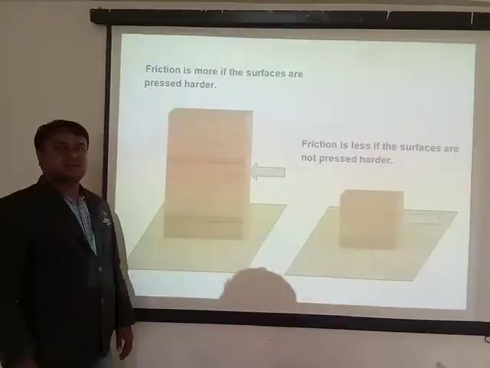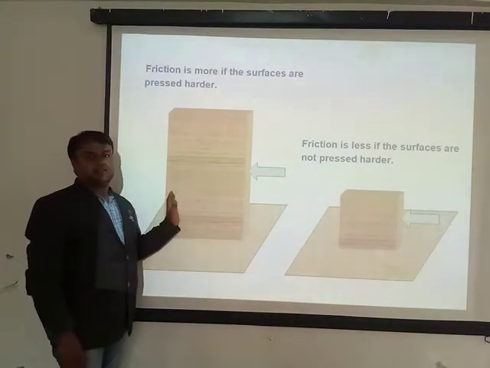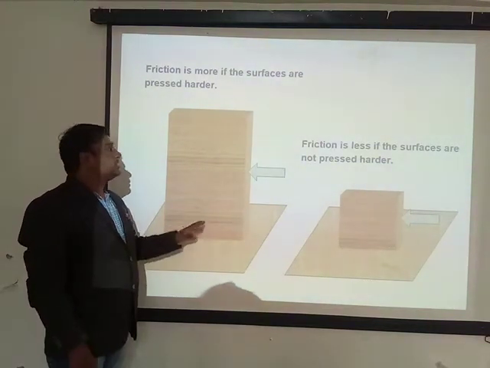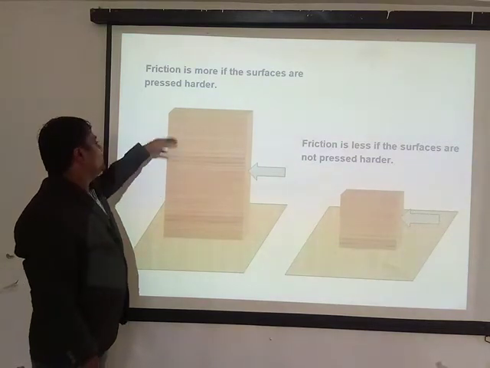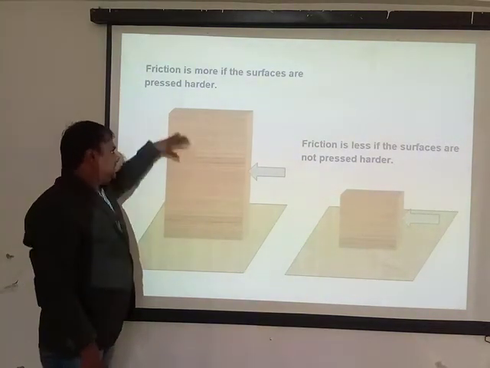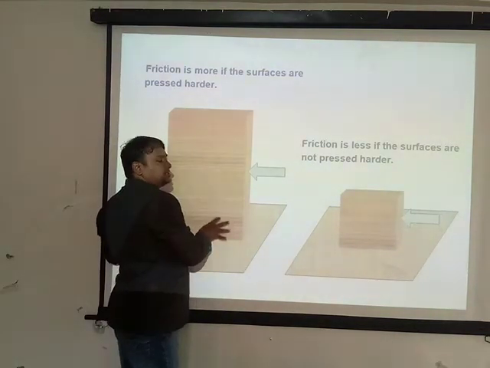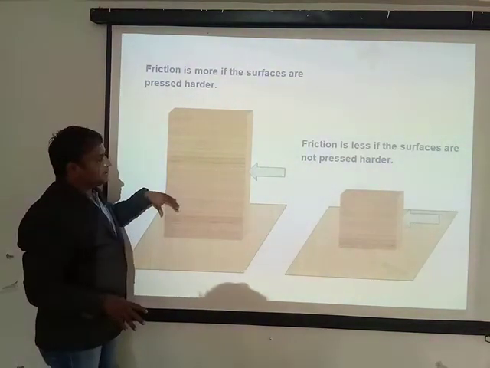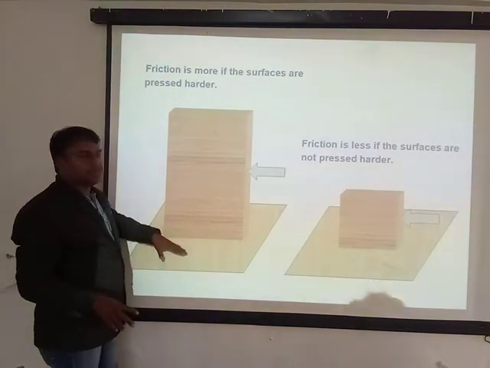Now we will learn the second factor that affects the force of friction. Friction is more if the surfaces are pressed harder. Here the object is bigger, and because of that bigger object, the force pressing the surface is more.